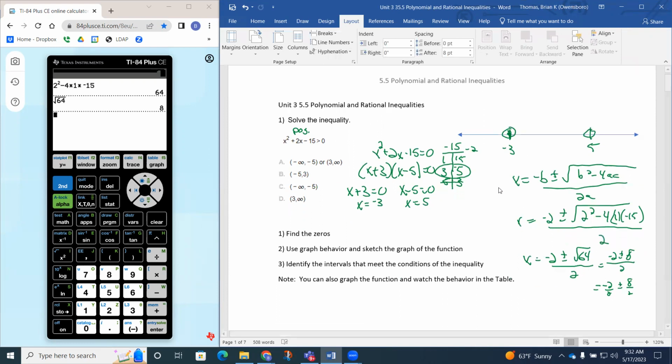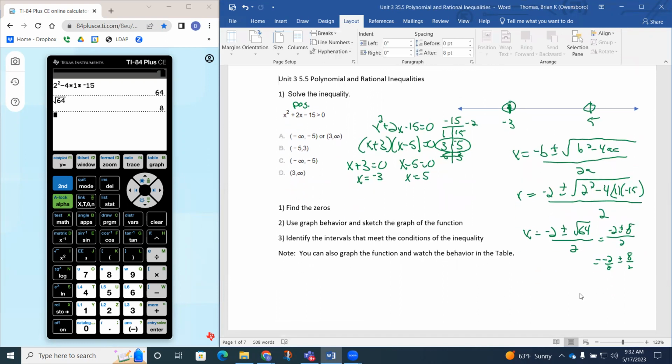So this would actually be a negative 1 plus or minus 4. So negative 1 plus 4 should give me a 3. So interesting.